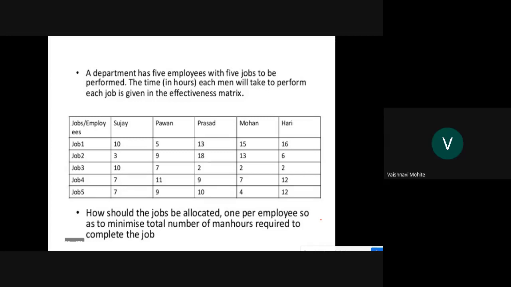I'll read the next one, the bottom one, right under that particular matrix.